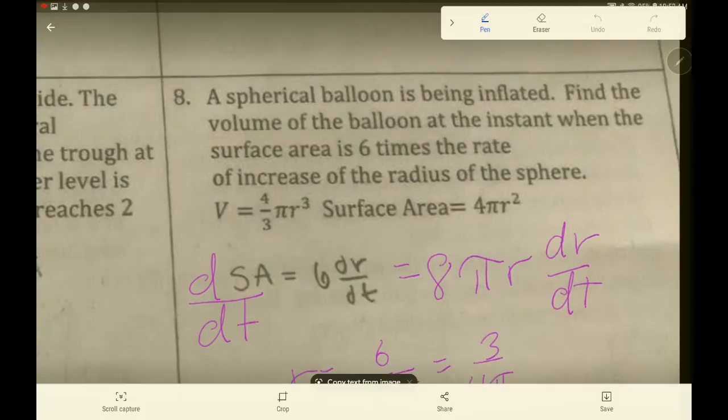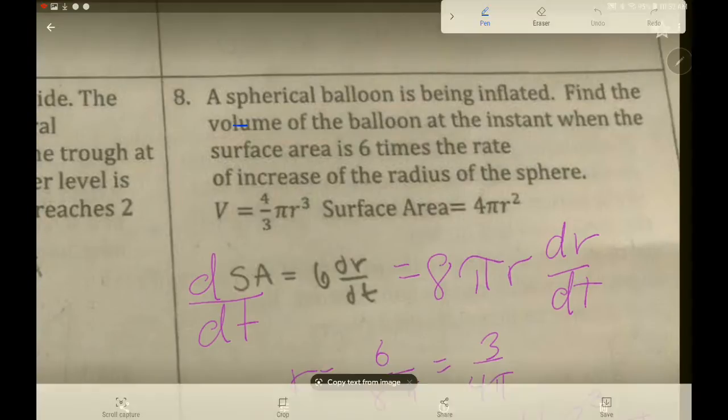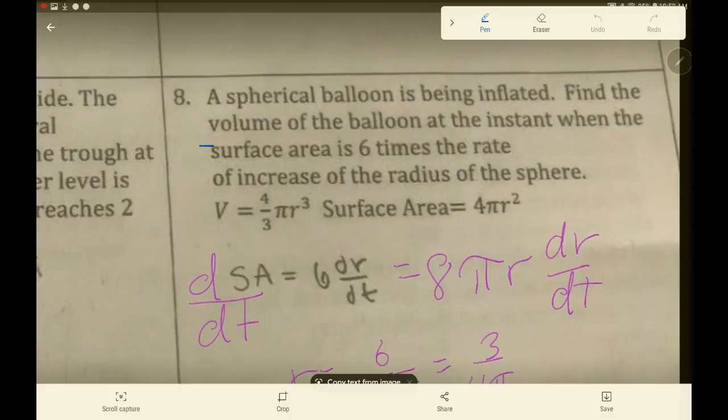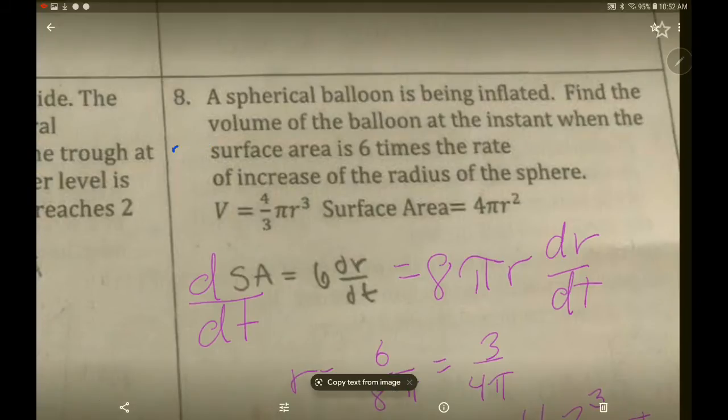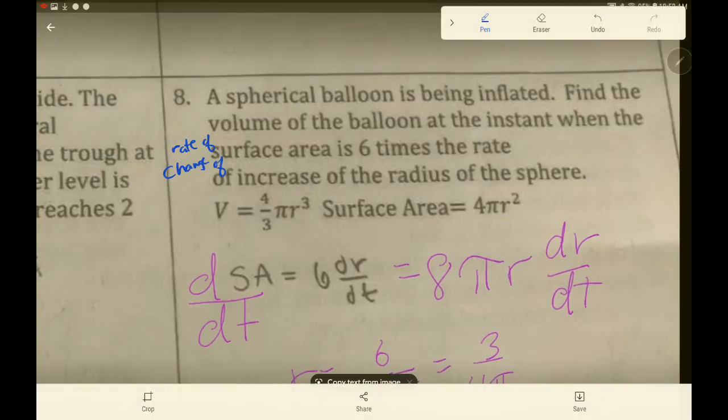It should be, find the volume of the balloon at the instant when the rate of change of surface area is equal to 6 times the rate of increase of the radius of the sphere.